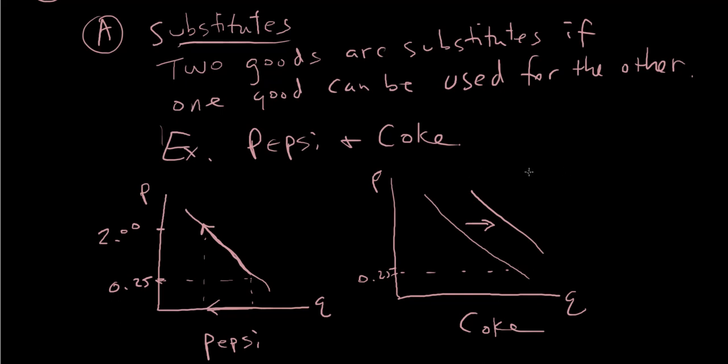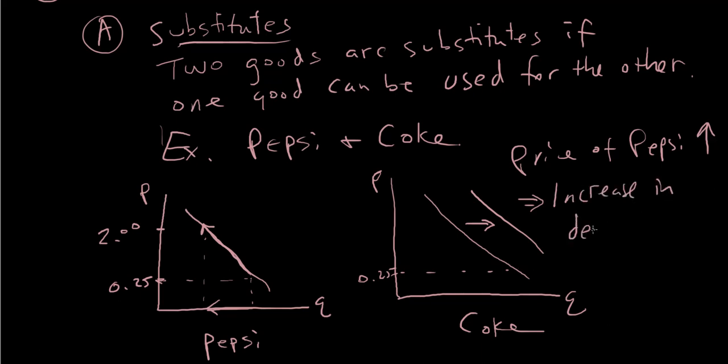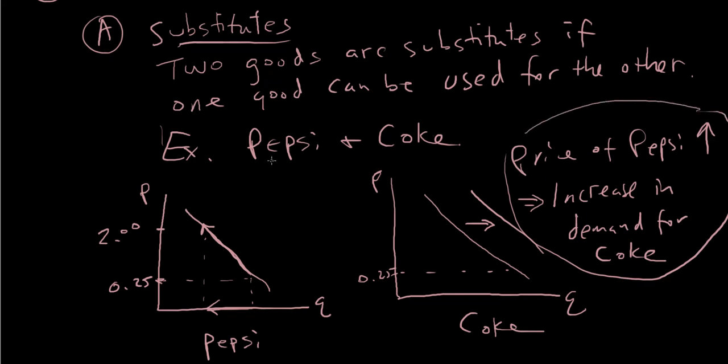So what this says is, the price of Pepsi goes up, then there is an increase in demand for Coke, right? So that's the case when these two goods are substitutes, right?